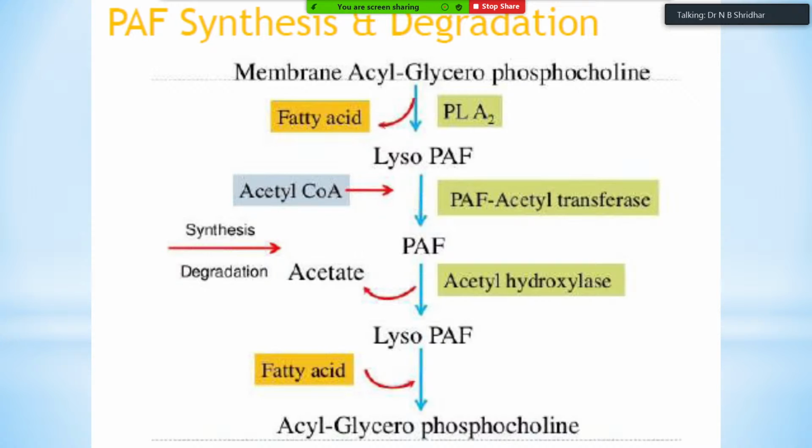This is then acted on by acetyl coenzyme A with PAF acetyl transferase, and is converted to platelet activating factor. Synthesis occurs, and the next step is degradation. PAF is acted on by the enzyme acetyl hydrolase. Once again lyso-PAF is formed, the fatty acids combine with it, and acyl glycerophosphocholine is formed and gets degraded to such products.